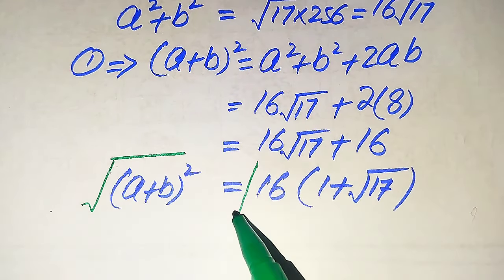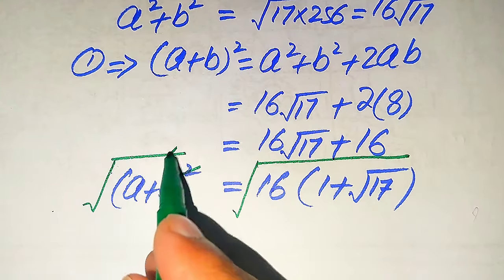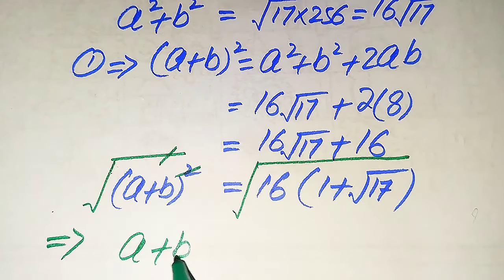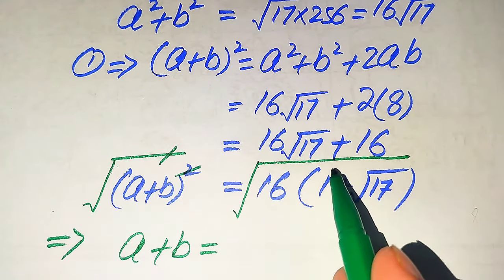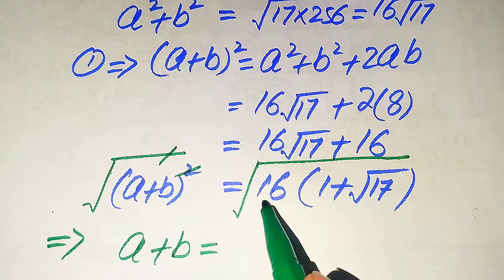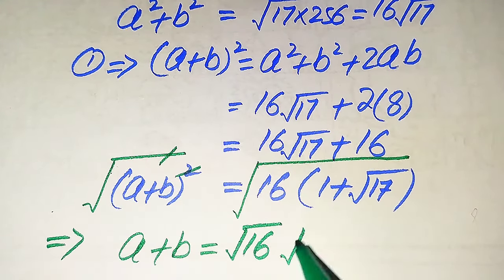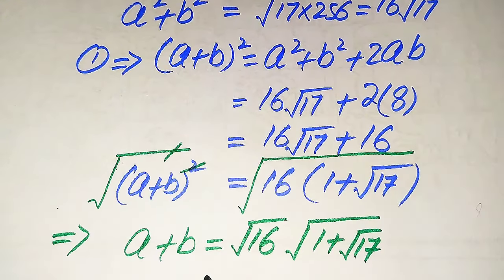For this we apply the square root sign on both sides. This 2 and the square root are gone, and we get a plus b equals, we apply the square root sign separately on both of these values, the square root of 16 times the square root of 1 plus the square root of 17.